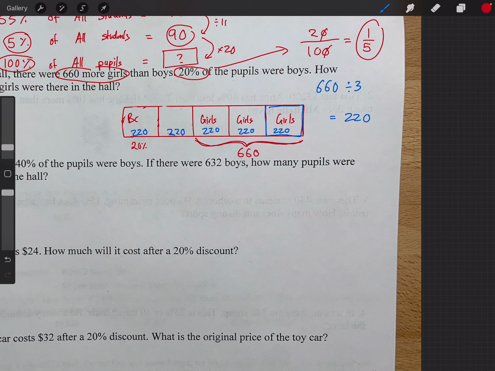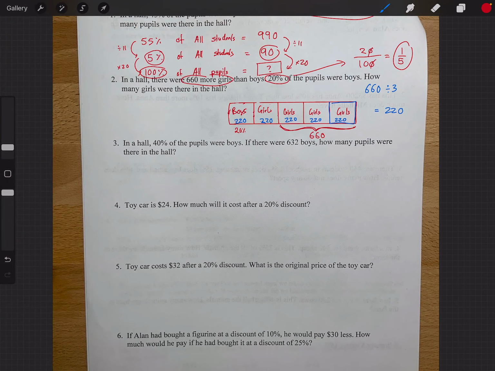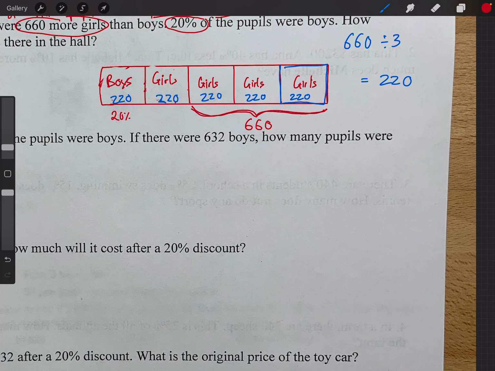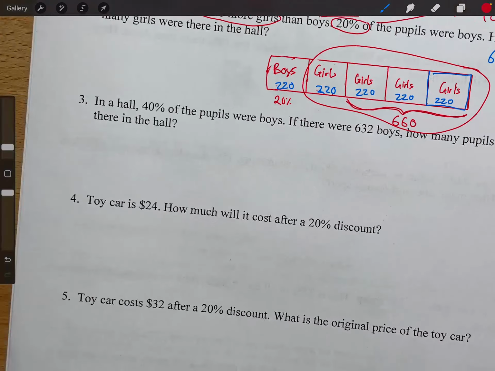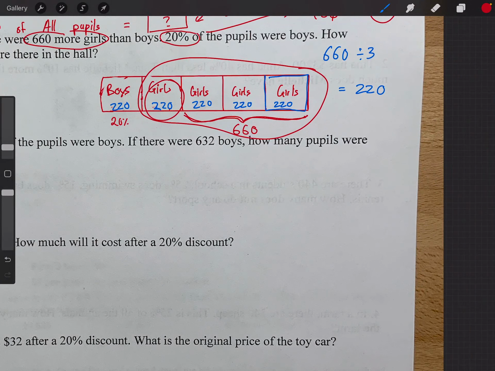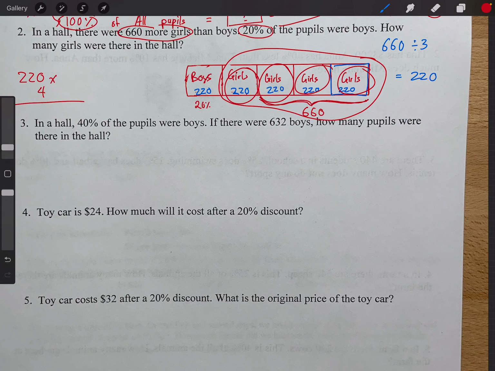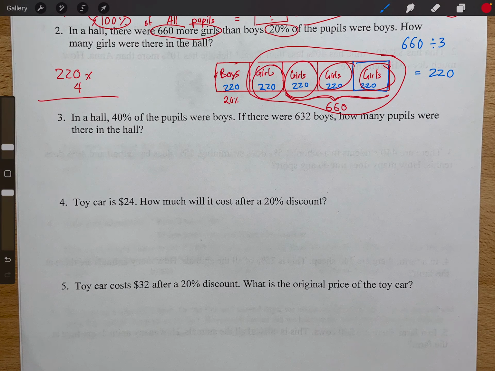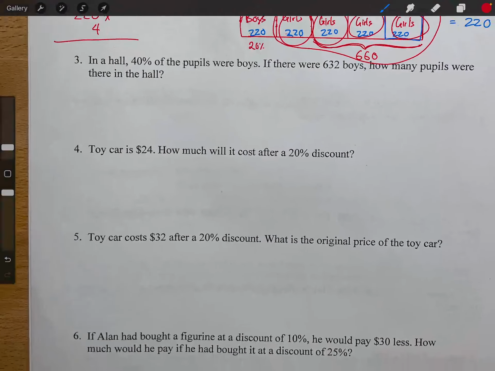So this is the boys and the girls. Now, how many girls were there in the hall? Well, there are four parts of girls, 220, 220, 220, 220, and each one is 220, so just multiply by 4 and you get the answer.